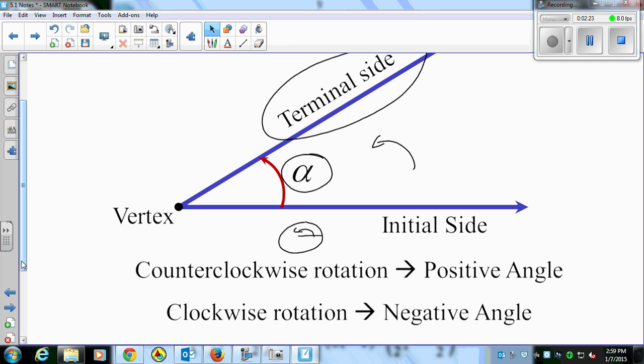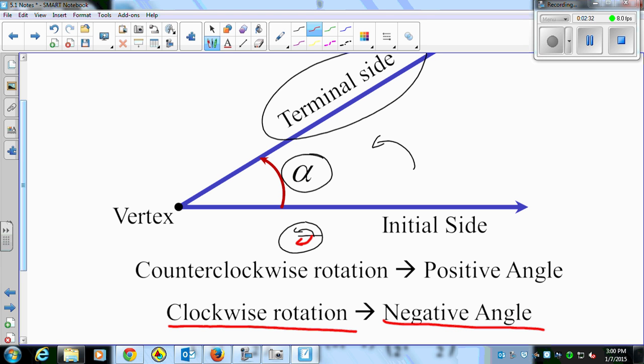If we have a clockwise rotation, moving in the direction that a clock moves, we're going to define that as a negative angle. So an angle can be represented both positively and negatively. A terminal side can be represented positively and negatively. So if this is our initial side, the positive angle to this terminal side is alpha, and we could define it as a negative angle this way.